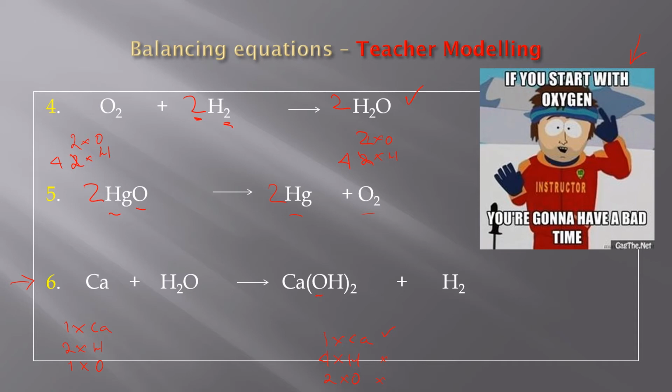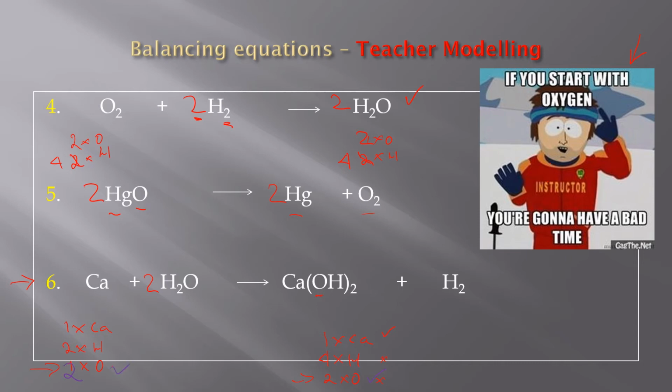If I have 1 oxygen on this side, 2 here, I need to change my oxygens on the reactants, sorry. I'll put a 2 in there because that's going to give me 2 oxygens on that side, which balances my 2 there. That's good.